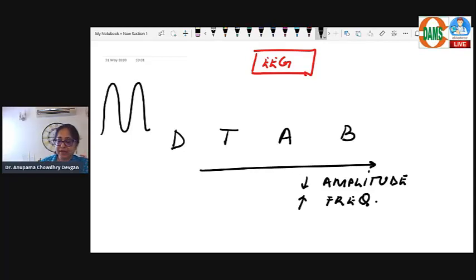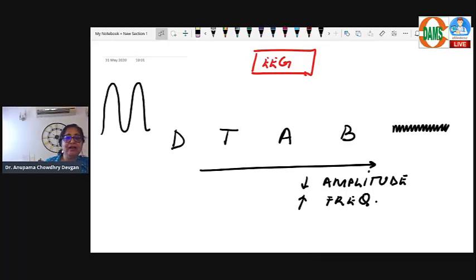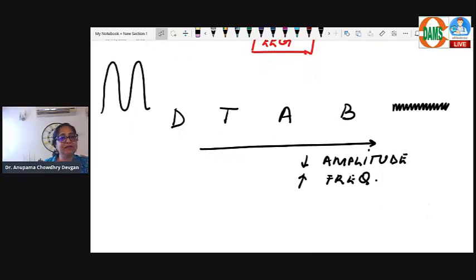Beta has the least amplitude and the highest frequency. Delta are very large amplitude waves, but with low frequency. Beta are low amplitude, but high frequency.